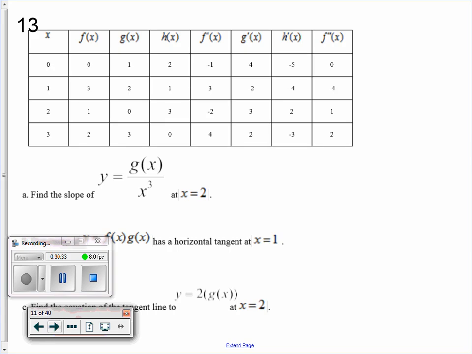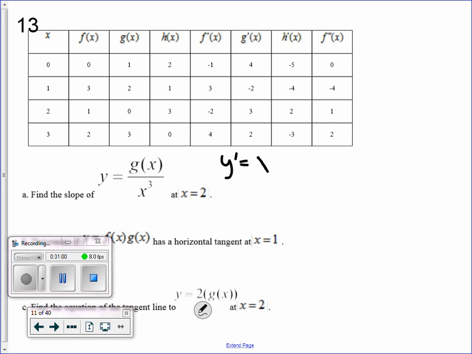Number 13, now we have a table, and this is one of those things I told you about on the AP exam. Sometimes they want to see if you know your differentiation rules. They're asking you for the slope of this function at 2. That's another way of saying get the derivative at 2. The first thing you always have to do is get the derivative in terms of x, then plug in the 2. So first we'll get y prime using the quotient rule.